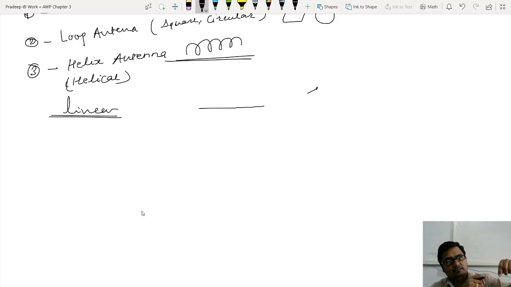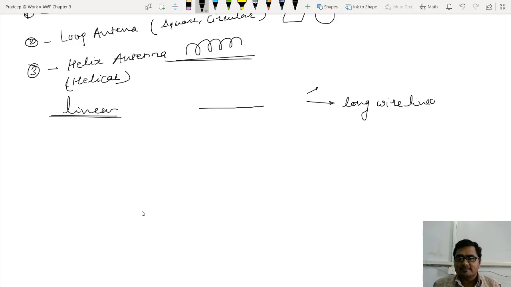That single wire will work as an antenna for that radio. So that single wire is referred to as a long wire linear antenna. Look at this, a small single piece of wire. I'm giving it the name long wire linear antenna.